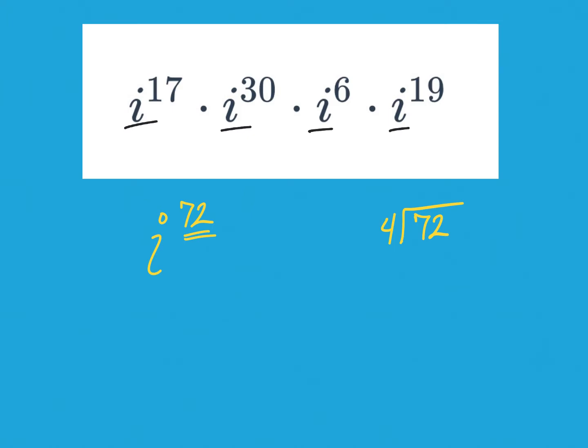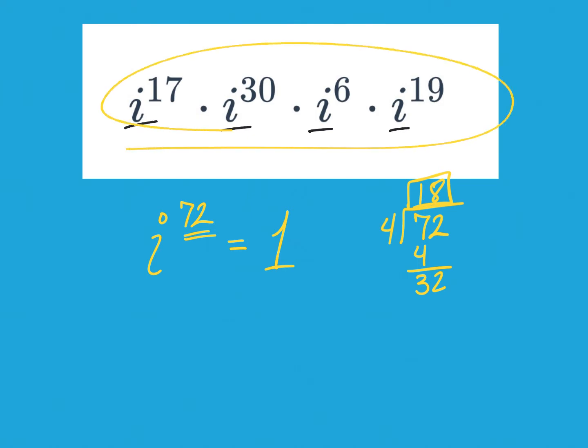The 4 goes into this one time, leaving me with 3, and then this goes in 8 times. So 4 does go in evenly. What that means is this will not have an i, and it will always have a 1 in front. In this case, the 1 is positive. So all of this is simply equal to 1.